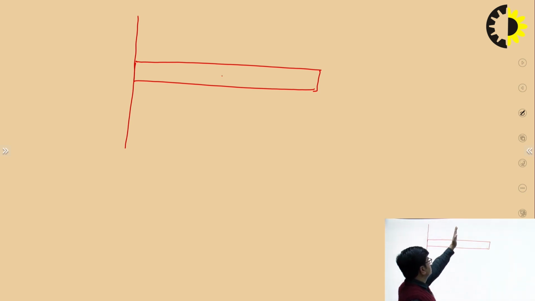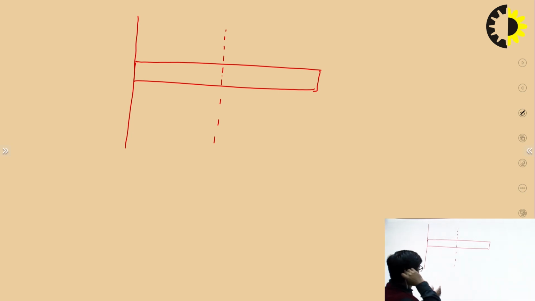So, I will transfer the moment of inertia about this axis.